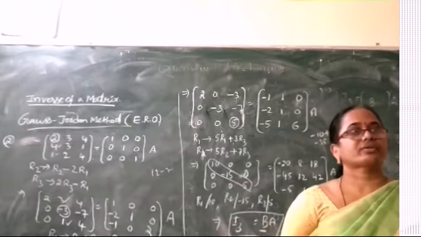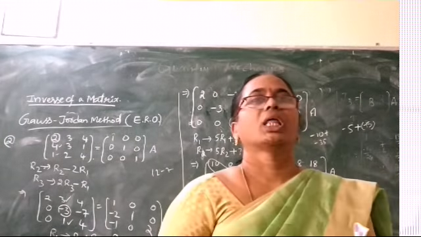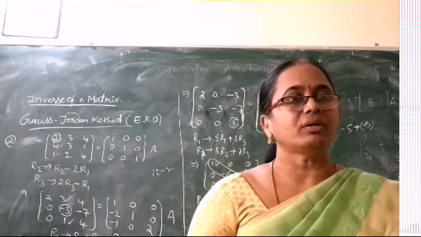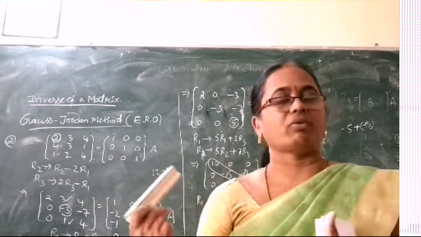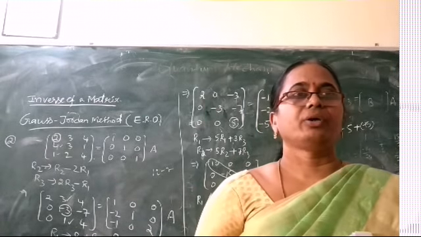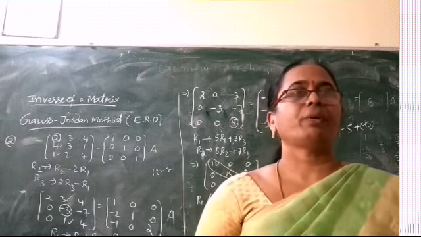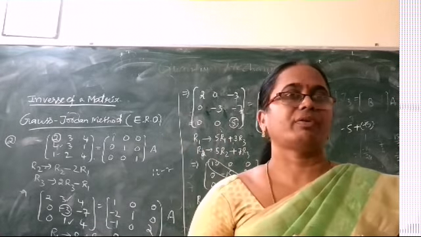I hope you all understood how the inverse of a matrix is obtained using the Gauss-Jordan method. And also, as we have discussed here, you all have recollected the previous already known topic, the definition of the inverse of a matrix.